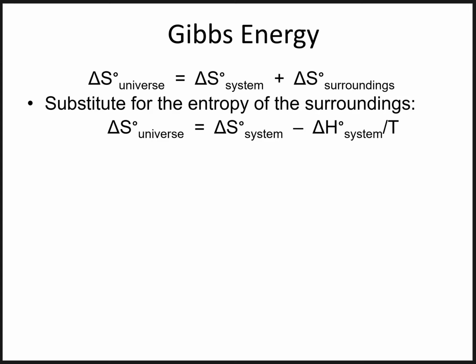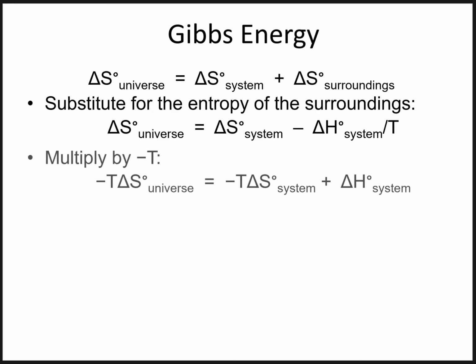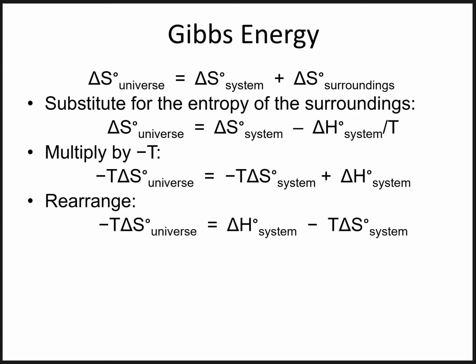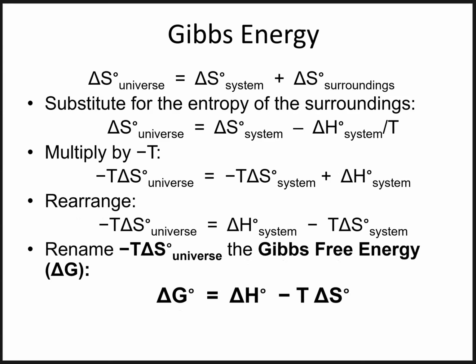Well, rather than deal with a fraction in terms of delta H over T, we're going to multiply everything by the temperature to arrive at the negative temperature of the surroundings times this entropy change of the universe equals the negative temperature times the entropy of the system plus the enthalpy of the system. Rearranging this slightly, we arrive at the Gibbs free energy equals delta H minus T delta S.